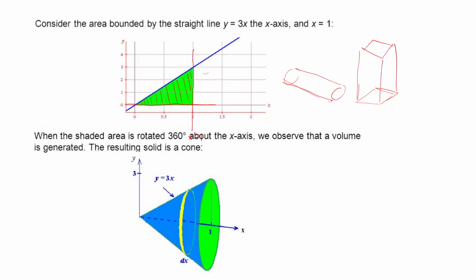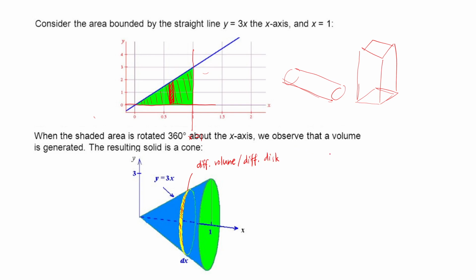Notice that if we use a vertical strip, let's say this one is your vertical strip, and you revolve it around the x-axis, this will create a differential disk. This is a differential volume, or what we call a differential disk. Why is it called a disk?